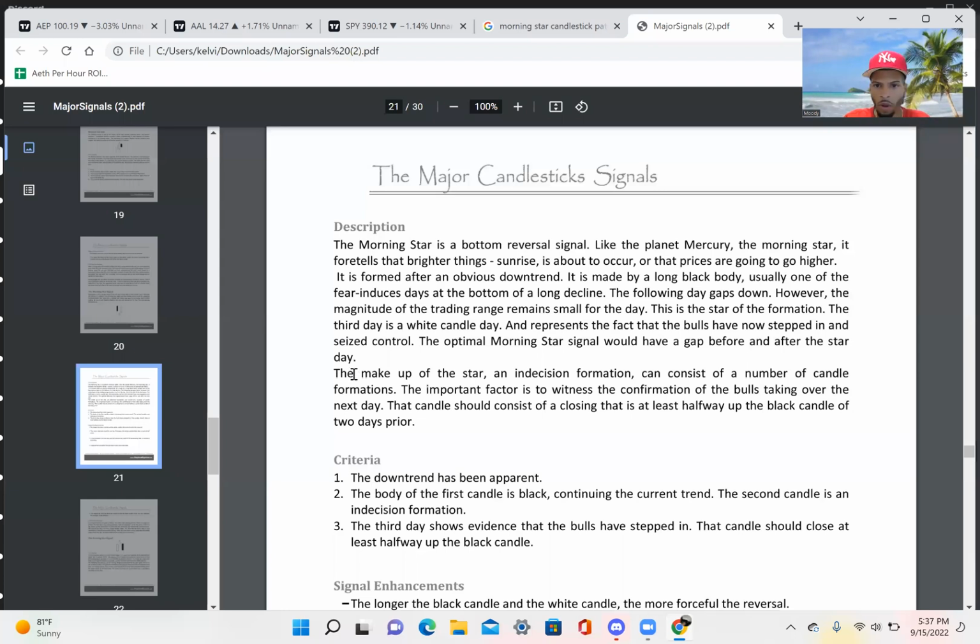The third day is a white candle day and represents the fact that the bulls have now stepped in and taken control, right? The ultimate morning star signal would have a gap before and after the star day.